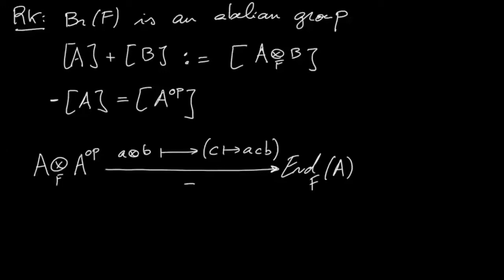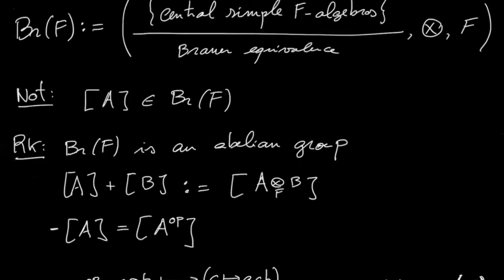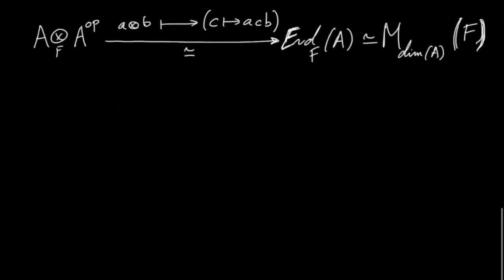This canonical map is an isomorphism. If you choose a basis for A as a vector space over F, the right-hand side is isomorphic to matrices of size dimension A by dimension A with coefficients in F, and that is Brauer equivalent to F. So that's the identity, the unit. This is why every element admits an inverse, and we actually get a group when we mod out by Brauer equivalence.